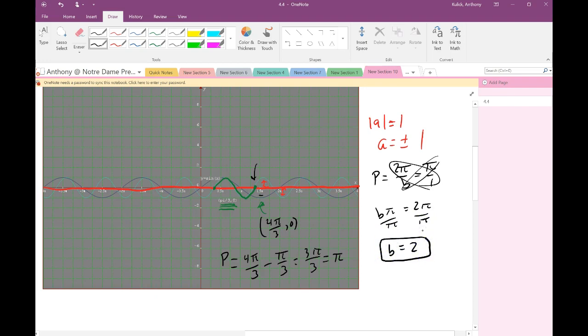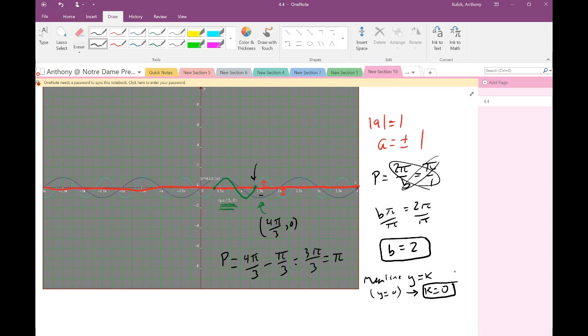Oh, good. I remember that the mean line is just y equals k, and since our mean line is y equals 0, we know then that k is 0. Well, that was so easy. It wasn't. It was easy, wasn't it?